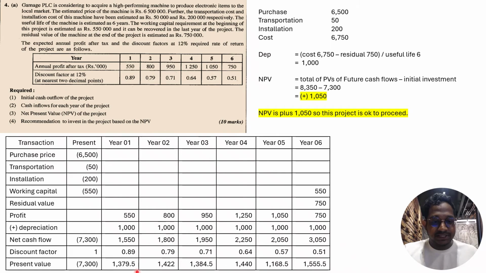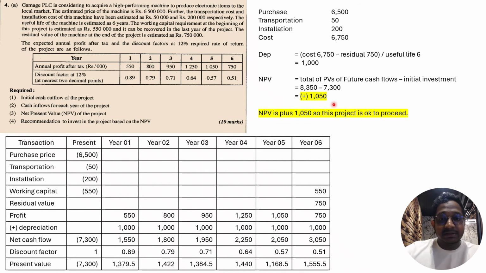So the total of these present values is 8,350,000. And from that 8,350,000, you have to deduct the initial investment. Your initial investment is 7,300,000. Then you are getting the NPV as plus 1,050,000. And I always mention that you have to mention plus or minus when you are presenting NPV values, right?